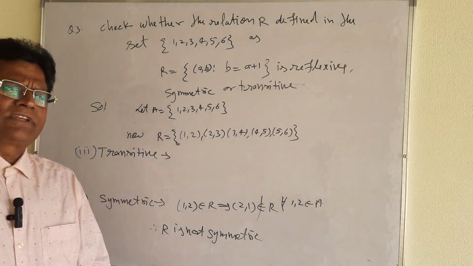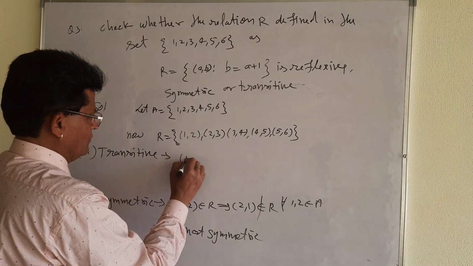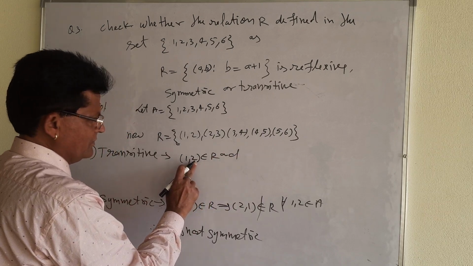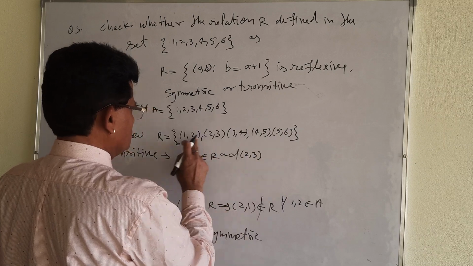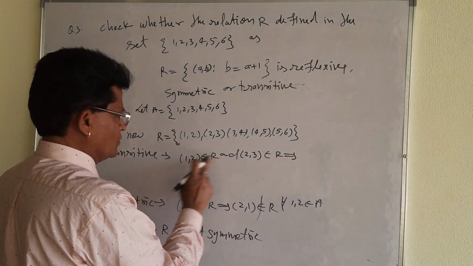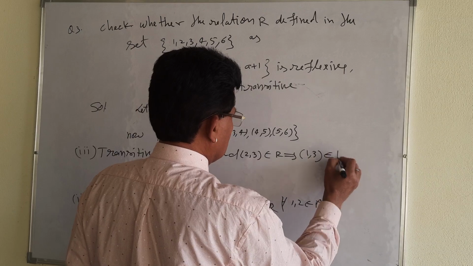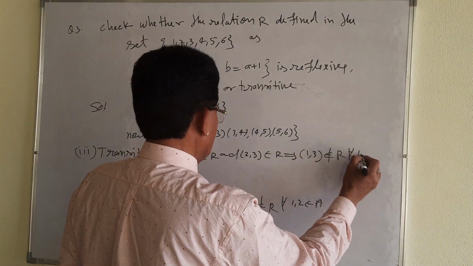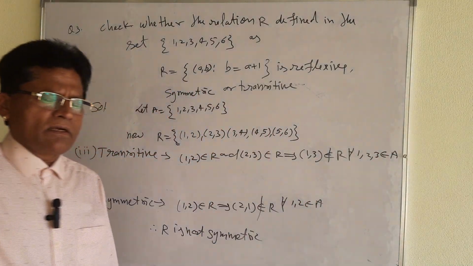Transitive means you can take any three elements. (1,2) belongs to R, and next you take the pair which starts from 2: (2,3) belongs to R. So (1,2) and (2,3) belong to R. Tell me, is (1,3) in R? No, (1,3) is not there. 1, 2, 3 belong to A, but (1,3) is not there.